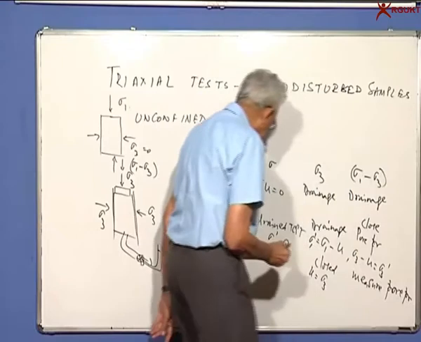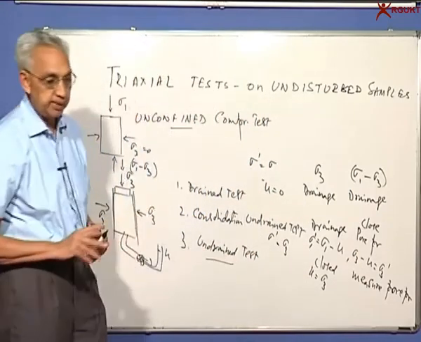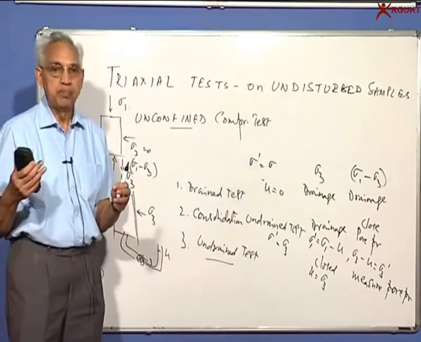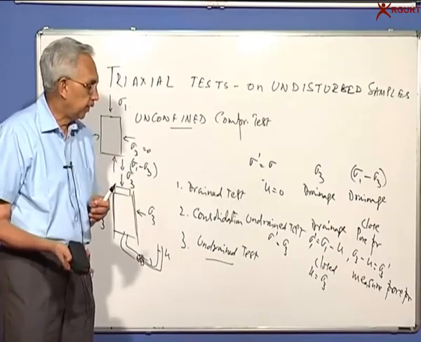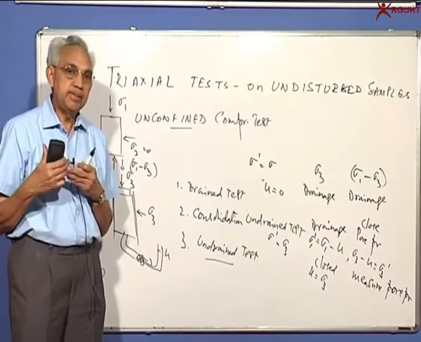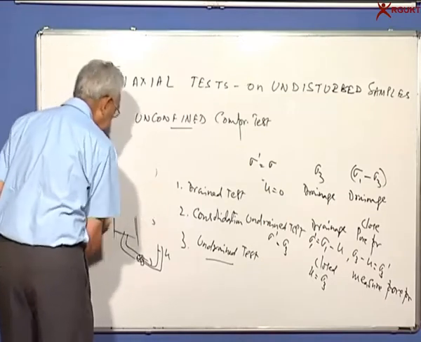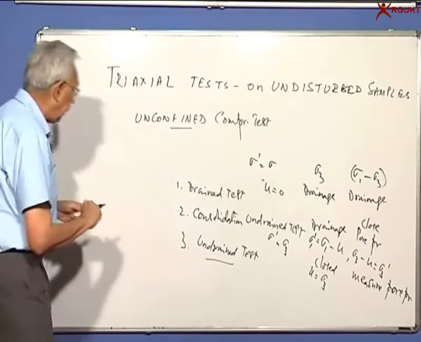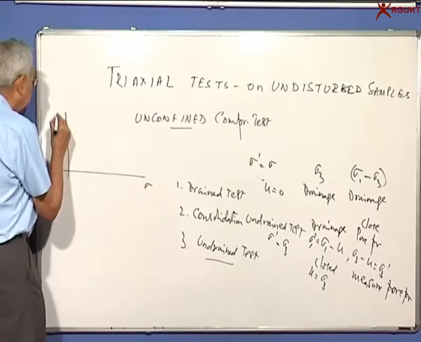Now this is a quick test which is very similar to the unconfined compression test, because in the first case, even though we are applying confining stress, the applied stress doesn't go to the soil particles, that is, the effective intergranular stress. So the soil always remains in the initial state, and if you plot the Mohr circle, because the effective stresses are not changing, we'll again get a result similar to the unconfined compression test.